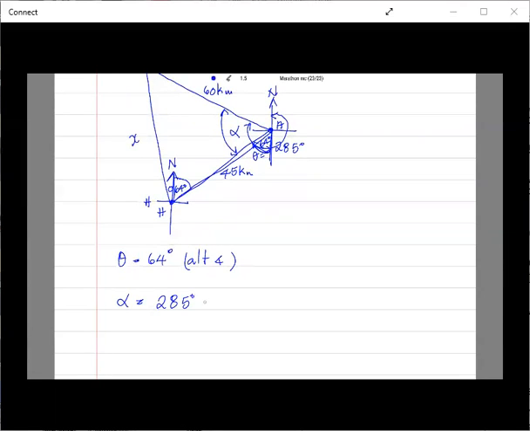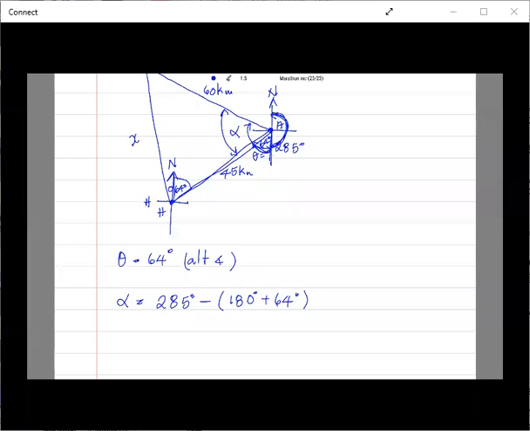So this is minus 180 plus 64. So the first half from here to here, that's 180 degrees from north to south. And from south to the line AH is 64 degrees.